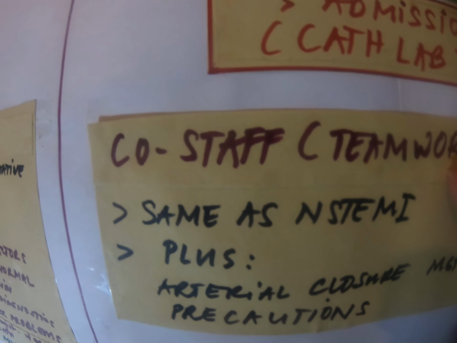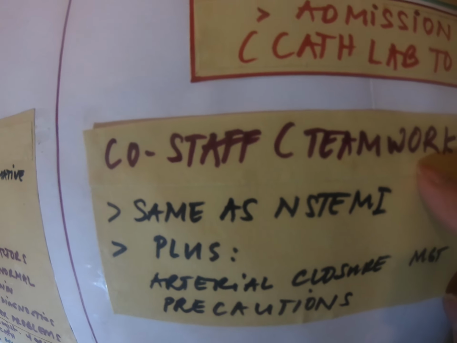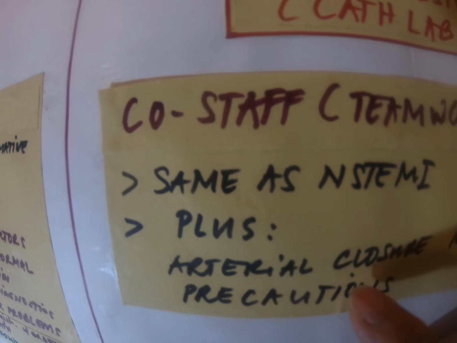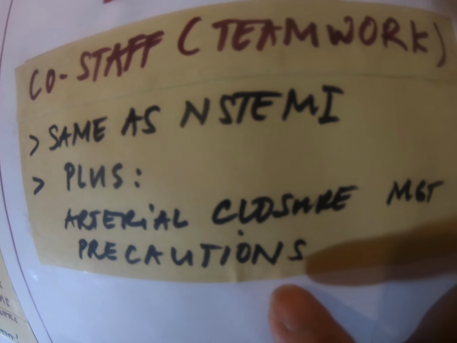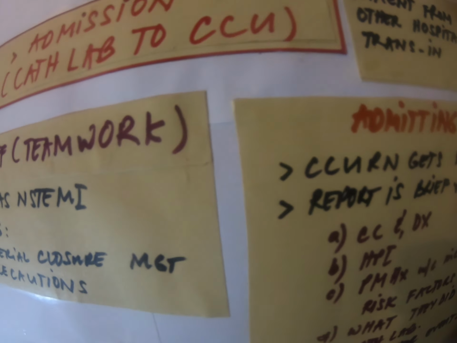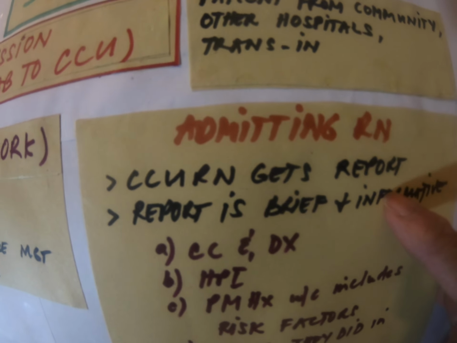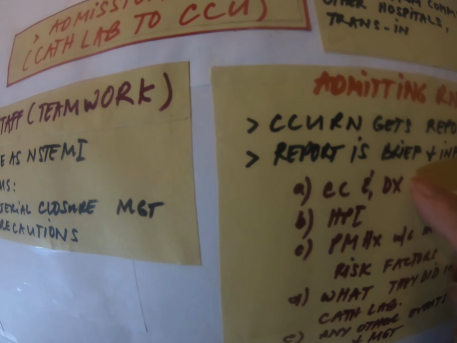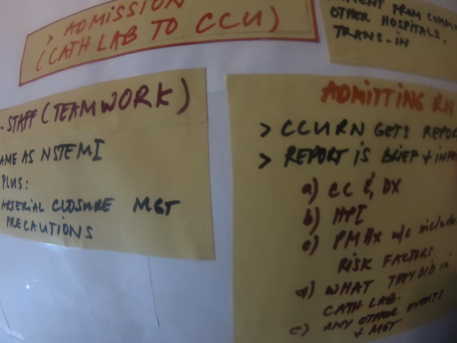So when the patient arrives in CCU, again, the co-staff will settle the patient. Other management, the same as non-STEMI, plus also arterial closure management precautions. And the admitting RN will get report from the cath lab nurse. And again, the report is usually brief from the cath lab and informative.